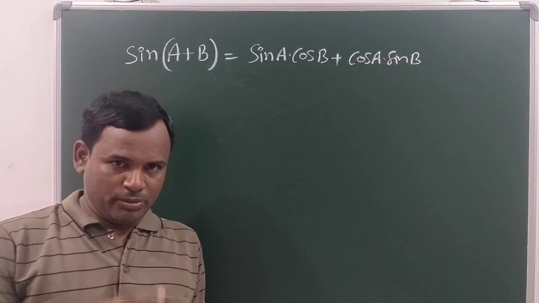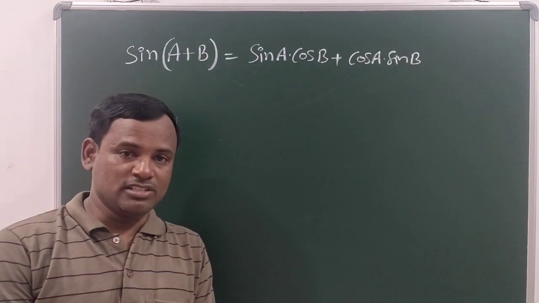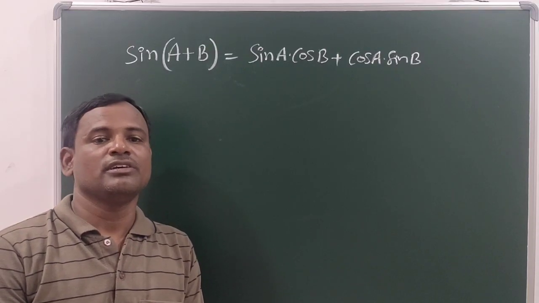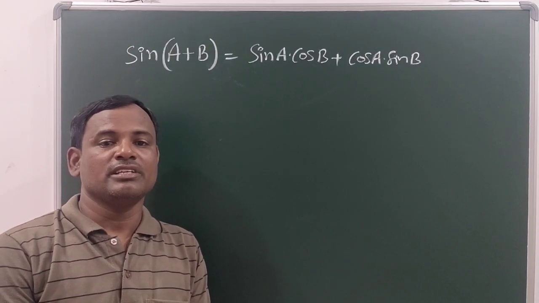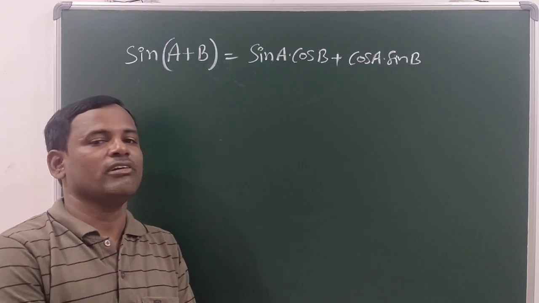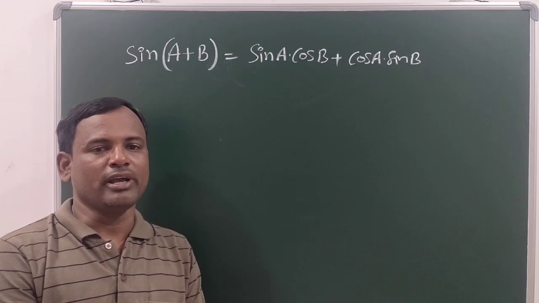Okay, so in my previous classes I gave you the proof of this cos A plus B and sin A plus B, from which we derived the rest of the compound angles formulas. But in this class I will discuss with you conceptual points related to these compound angles.